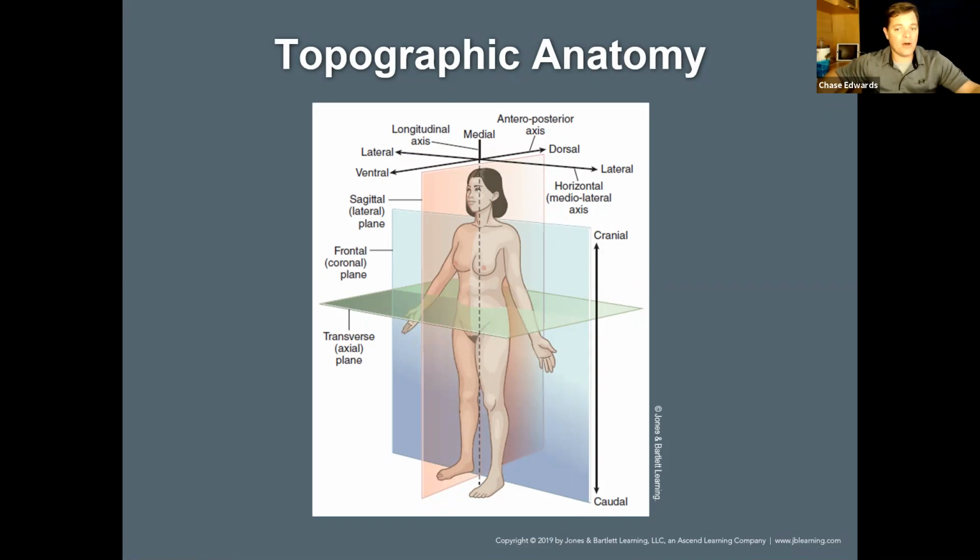Then you have what's called the transverse or axial plane. It divides the body horizontally at the waist. Transverse plane, the green. Then you have the sagittal, which is the lateral plane, and it divides the body vertically front to back.